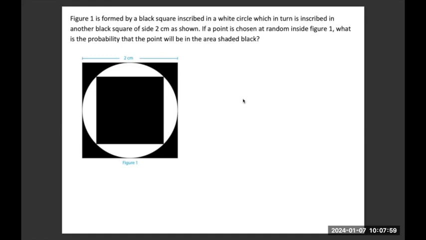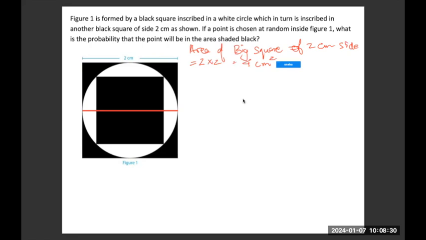The area of the big square with 2 centimeter side is equal to 2 multiplied by 2, which is 4 centimeter square.